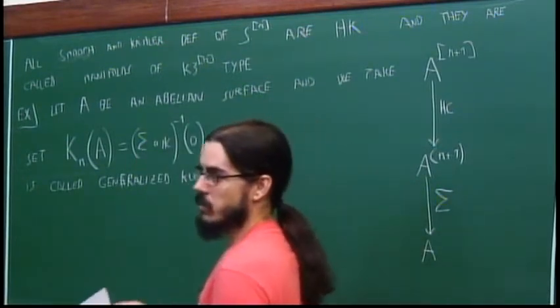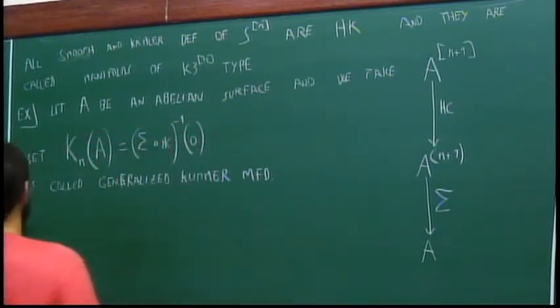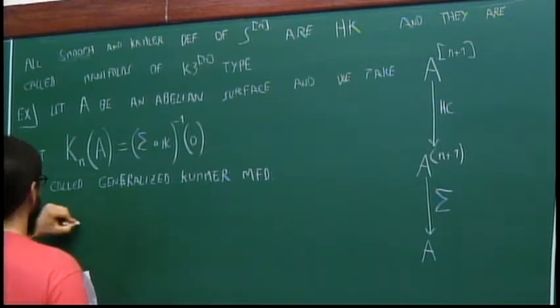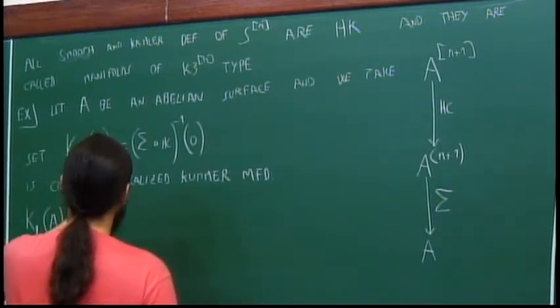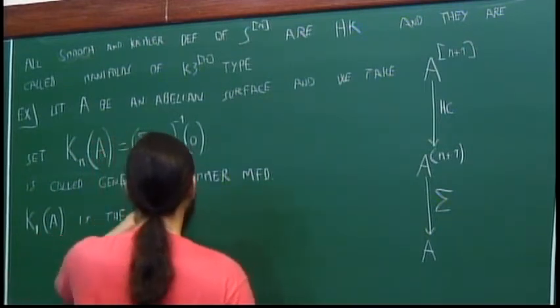And the name comes from the example with n equals 1, because K_1(A) is the Kummer surface, well, the Kummer K3 surface.